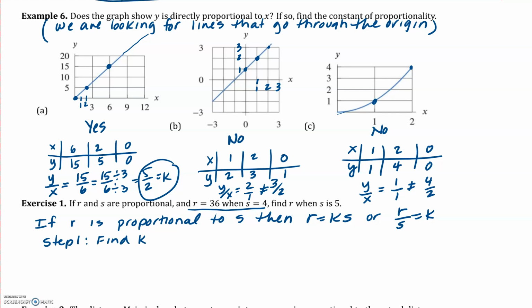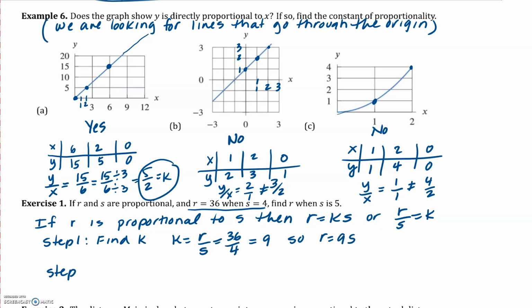I'm going to take the second one. K we know is R over S. So when you have 36 over 4 is K, that would be 9. K would be 9. So you now have the formula R is equal to 9S.